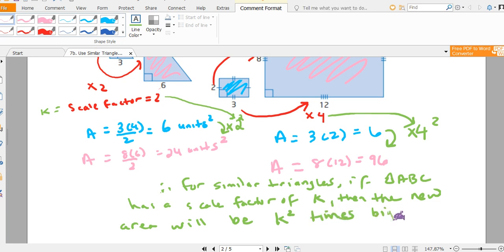Not the greatest wording. For similar triangles, if triangle ABC has a scale factor of k, then the new area will be k squared times bigger. Okay?